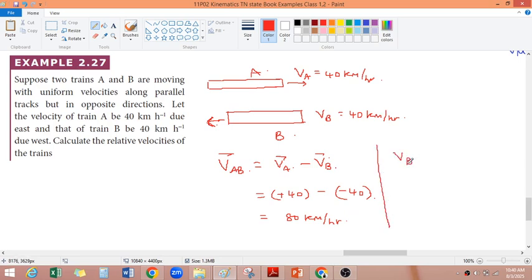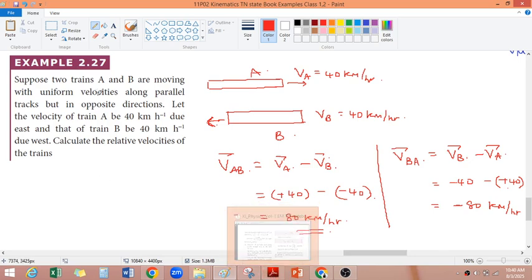Similarly, VB with respect to A is VB minus VA, which is minus 40 minus 40. This means A is moving in the positive direction and B in the negative direction.